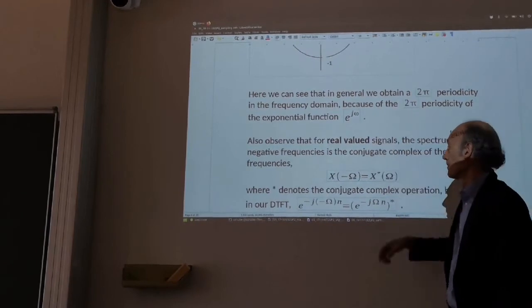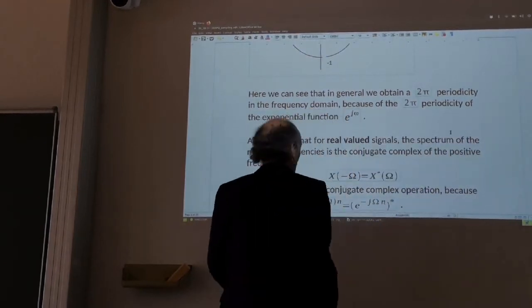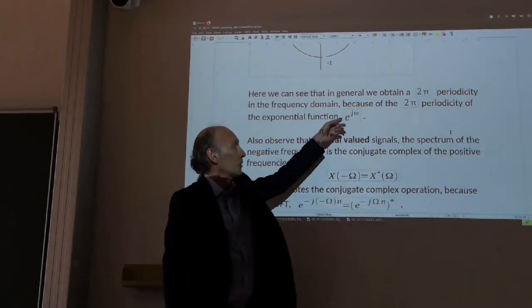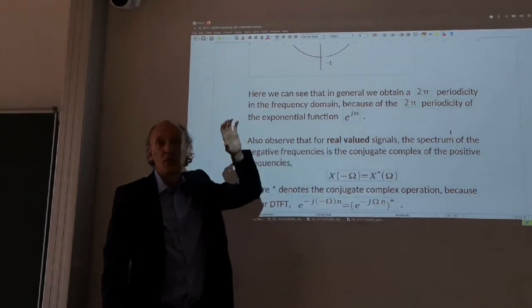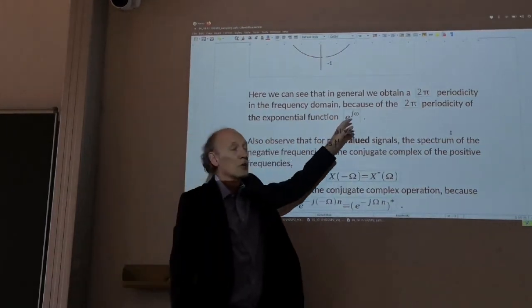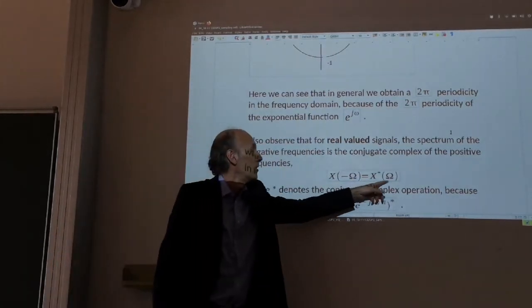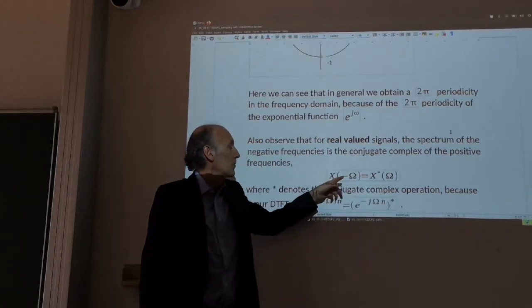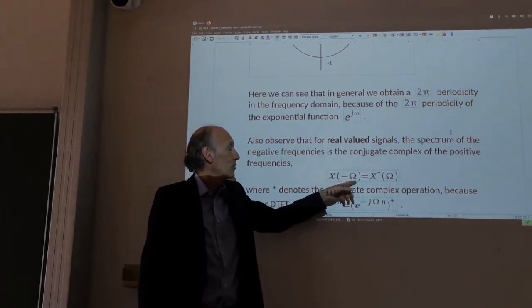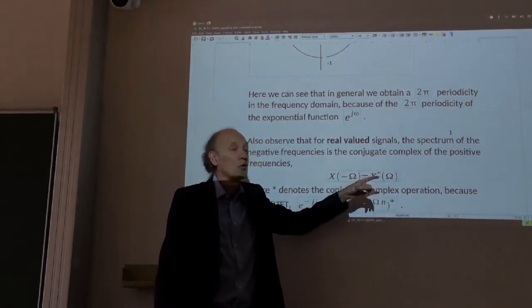Because the spectrum consists of sums of exponentials in this form, you can extend it to the sum, which means for the negative frequencies, the spectrum is obtained from the conjugate complex of the positive ones.